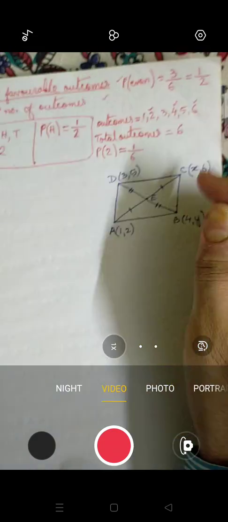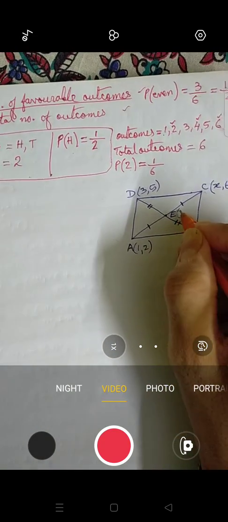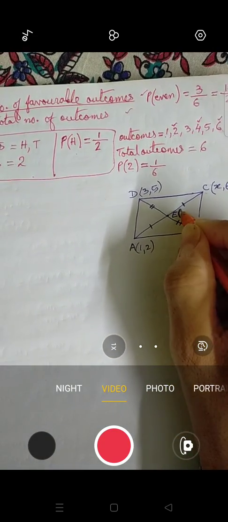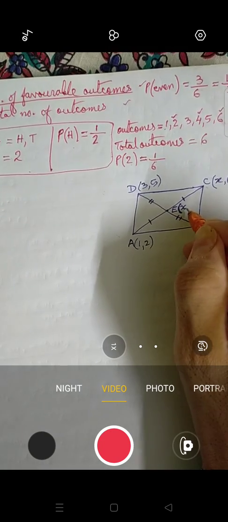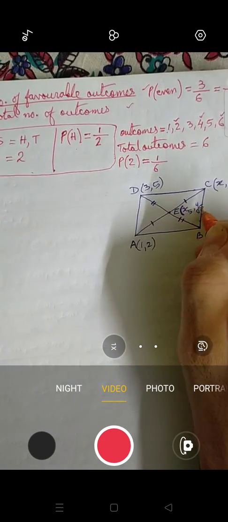Now let us take the coordinate of E. Already X and Y are there, so I'm taking this one as X5, Y5. Any problem?